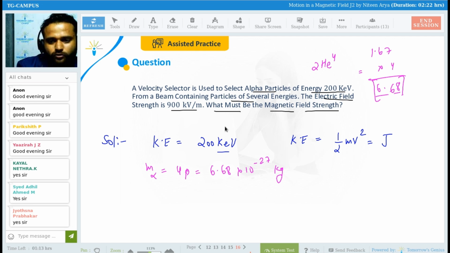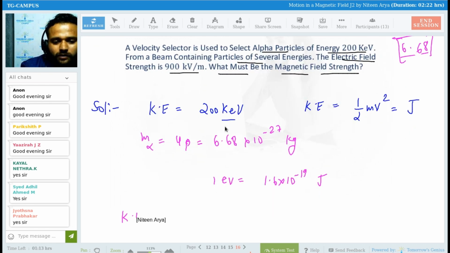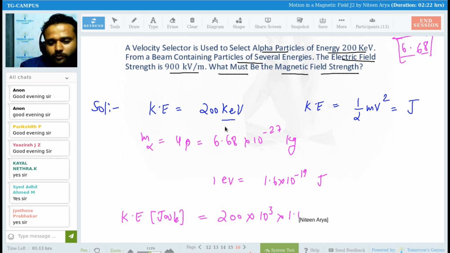Whenever you need to convert 1 electron volt to joule, okay, so 1 electron volt is nothing but 1.6 into 10 to the power minus 19 joule. So here it is kinetic energy in electron volt. So kinetic energy in joule is simply 200 into 10 to the power 3 into 1.6 into 10 to the power minus 19 joule.